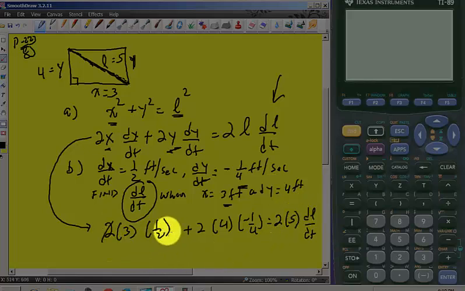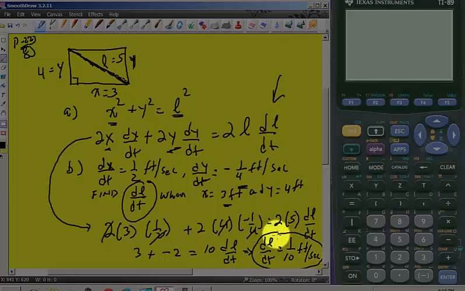Alright, this and this reduce, I get 3, plus this and this reduce, I get a negative 2, is equal to 10 dL/dt. So when I finish solving that, dL/dt turns out to be 1/10 feet per second.